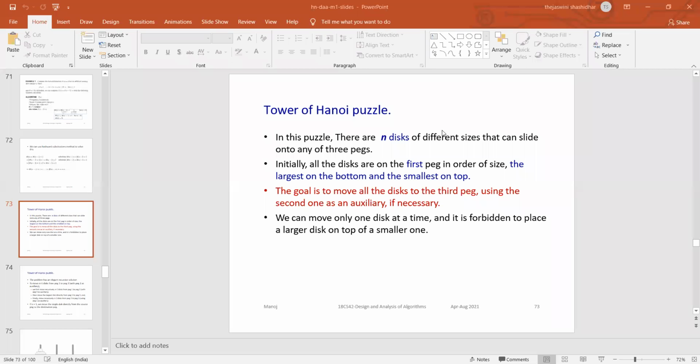Is it audible? Is the screen visible there?